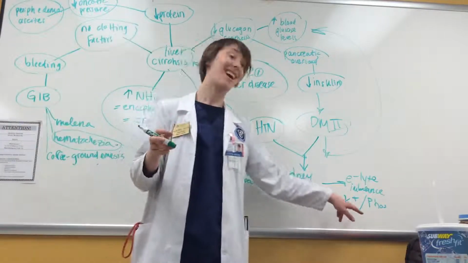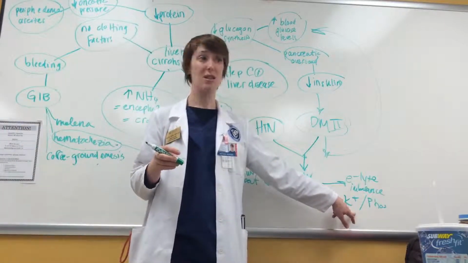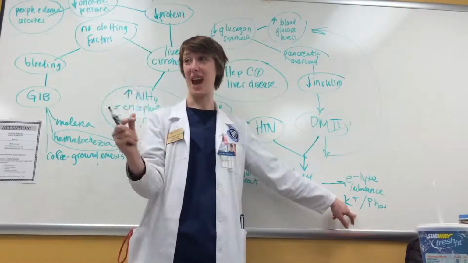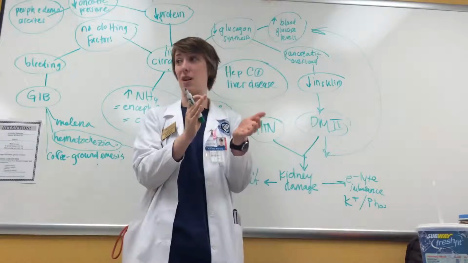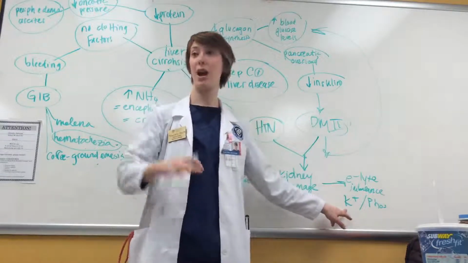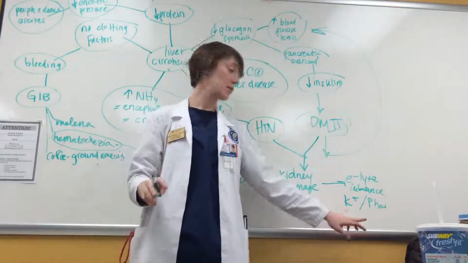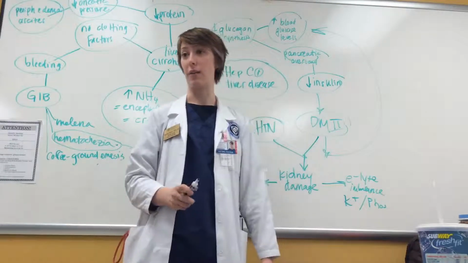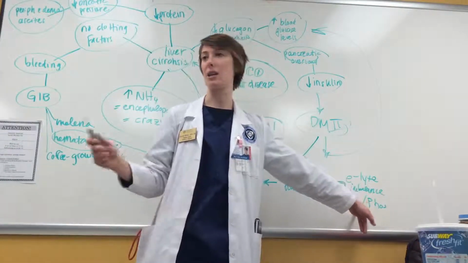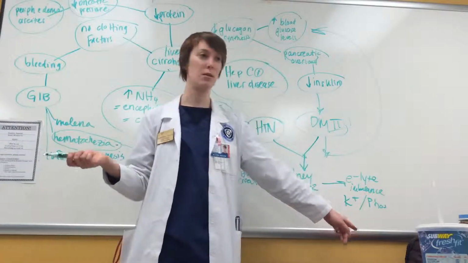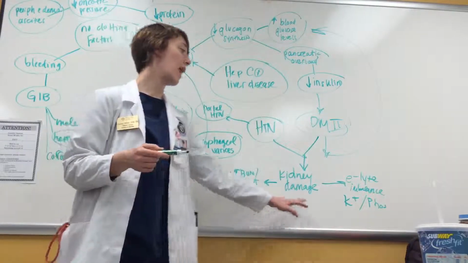But a potassium that's out of normal range will mess with your heart like that, right? Potassium's got a pretty narrow range if you haven't noticed. And when it's out of range, high or low, bad news bears. Same for phosphorus, okay? So these are your two numbers to get an indication of really how bad a kidney situation is, all right?